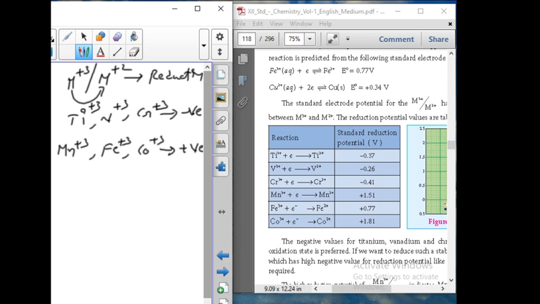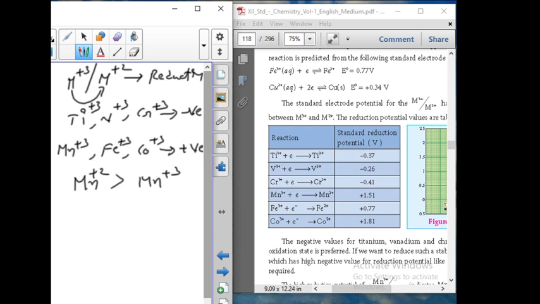High reduction potential values indicate M plus 2 is more stable than M plus 3. Here for manganese you can observe 1.51, so a high positive reduction potential value. You can observe manganese plus 2 and manganese plus 3. Which is more stable? Manganese plus 2 is more stable than manganese plus 3.